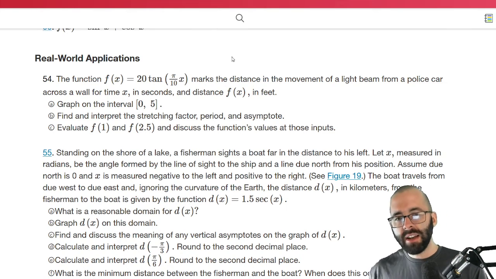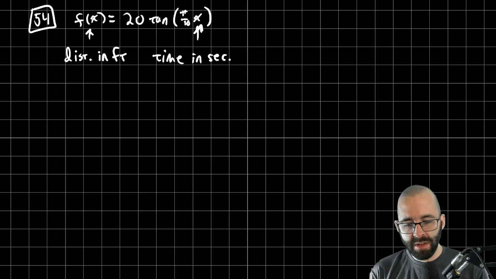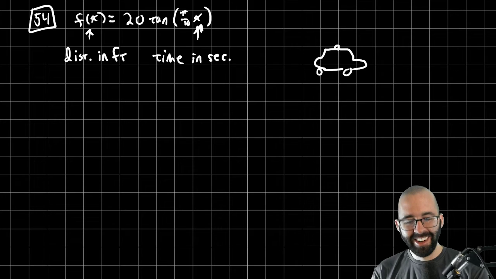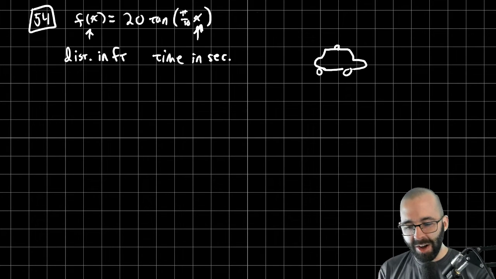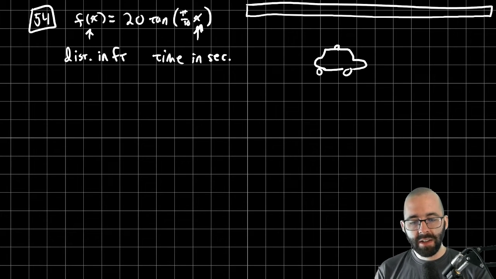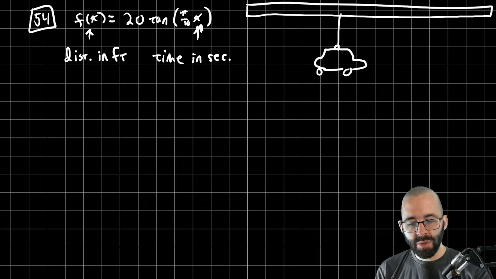So again, let's kind of think about this real quick. Let's get a visualization here. Anytime you're doing an application problem, you want a visualization. You want to know what you're looking at before we even try to do this problem. So there's a police car. This is what police cars look like. And it's shining a light on a wall. All right. So at different times, right? So the police car light is rotating in a circle, right? So there's one point, it's shining like directly across, right?